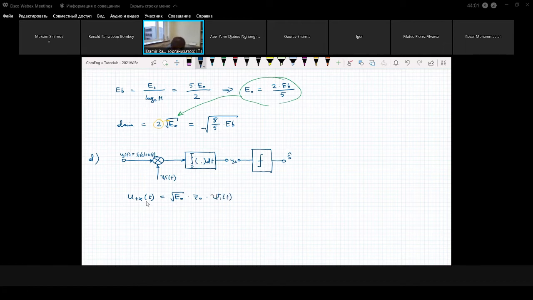So our amplitude after processing, we calculate as an integral from 0 to capital T. It is capital T, but not tau. Then we have square root of E0, then we write the mixture of our transmitted signal times the basis function, plus noise. And this mixture we multiply with the reference signal, and this reference signal is our basis function.